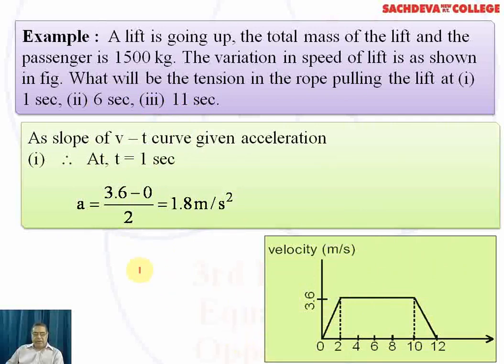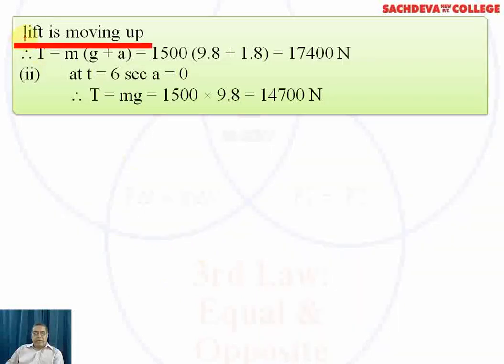So now, according to the question, the slope of the v-t curve is acceleration. Therefore, at t is equal to 1 second, acceleration, that is final velocity minus initial velocity divided by 2, comes to be 1.8 meter per second square. The lift is moving up.